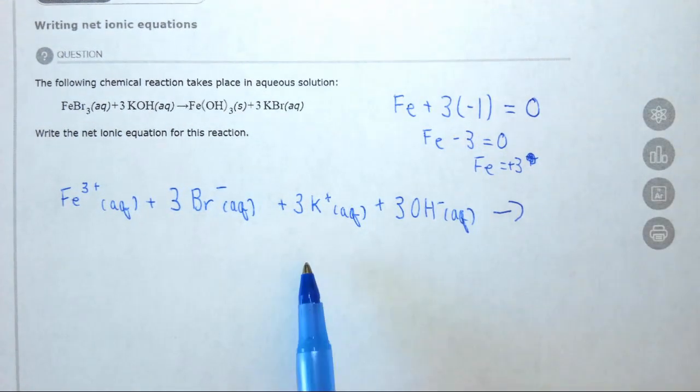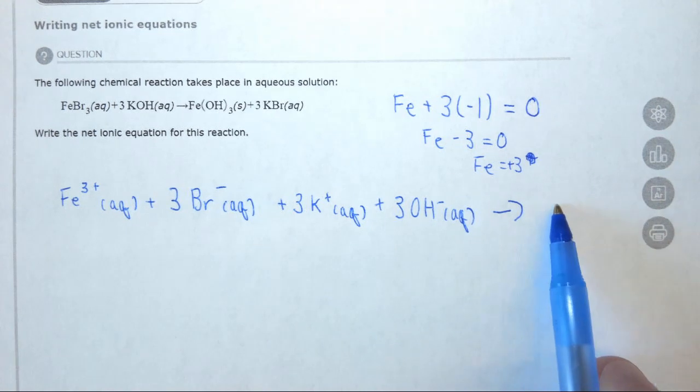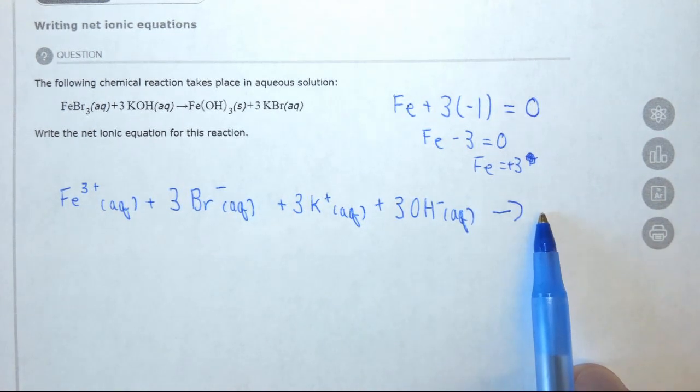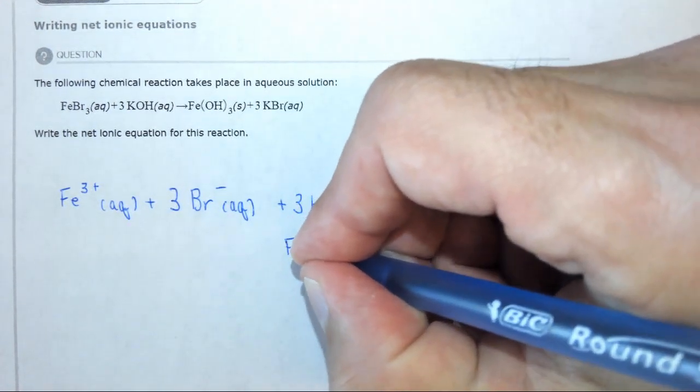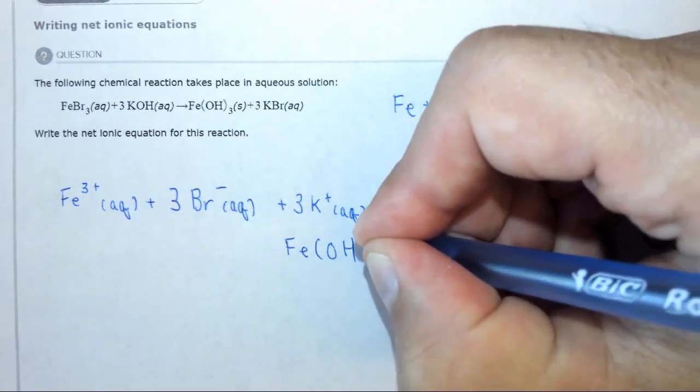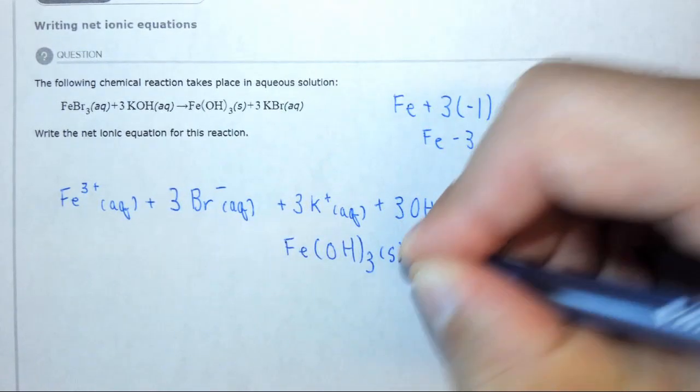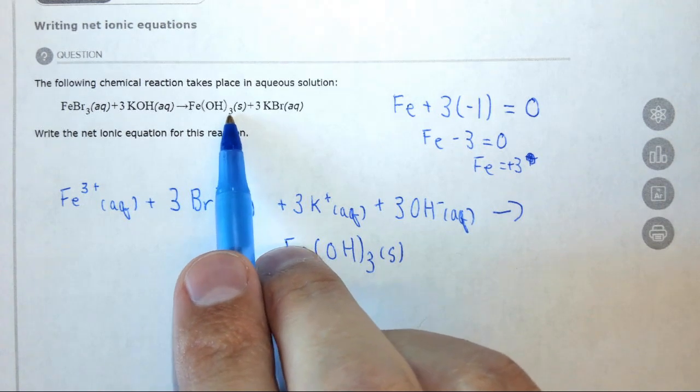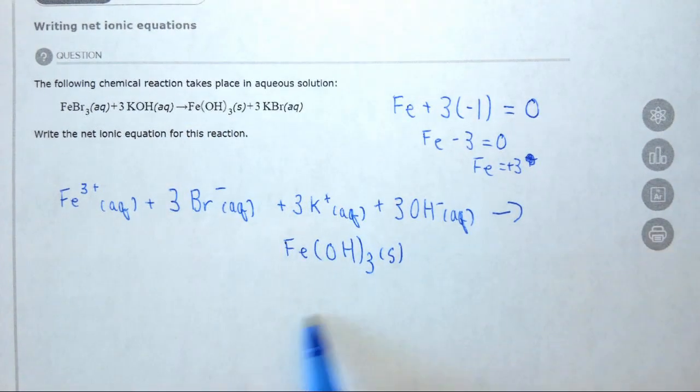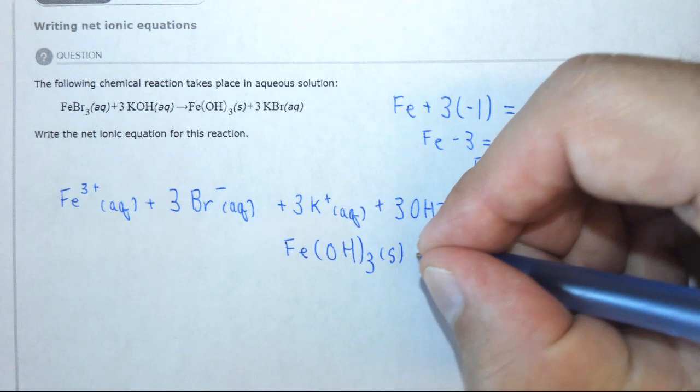On the product side, which I'm going to start writing over here, but you would normally start writing it here, I'm just going to run out of space if I do that, is FeOH3 solid. Notice, this is not aqueous, so this does not break up into its ions. We didn't break this one up.